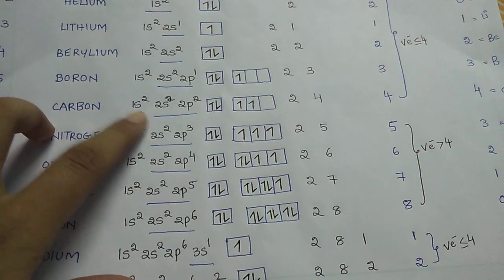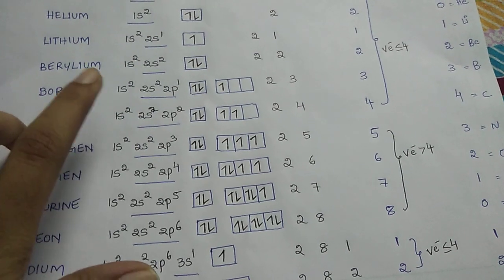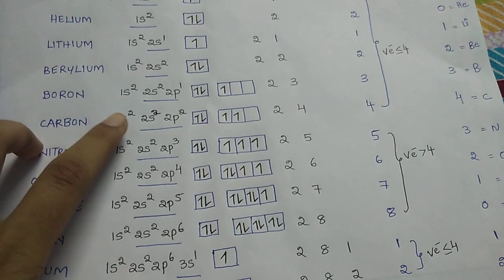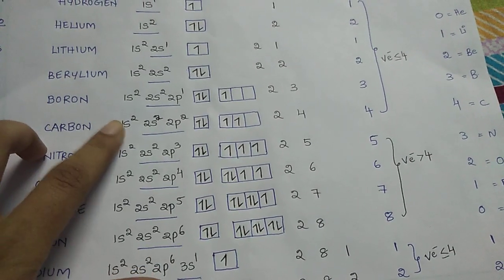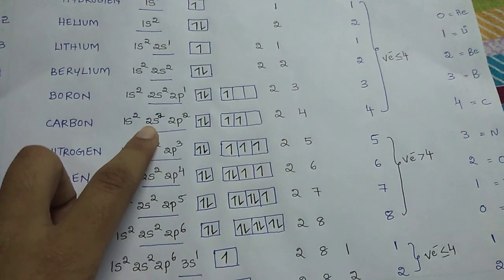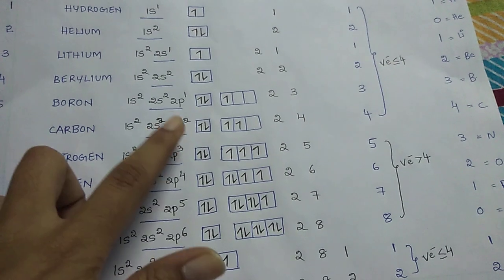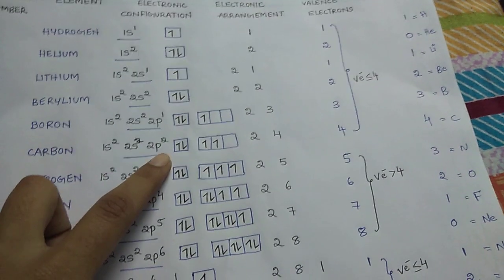For the 1s orbital, 1 denotes the number of the shell and s denotes the orbital. So the s orbital in the first shell is known as the 1s orbital. The s orbital in the second shell is known as the 2s orbital, and the p orbital in the second shell is known as the 2p orbital.